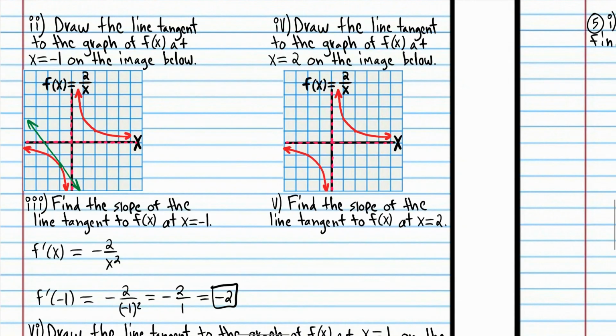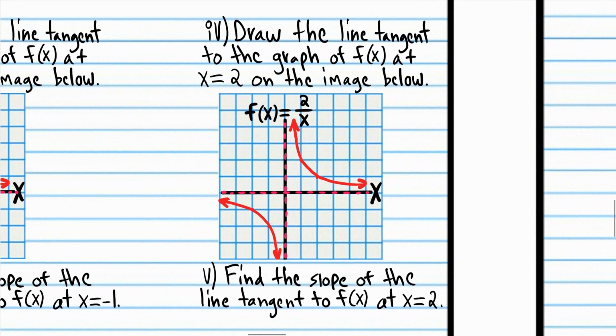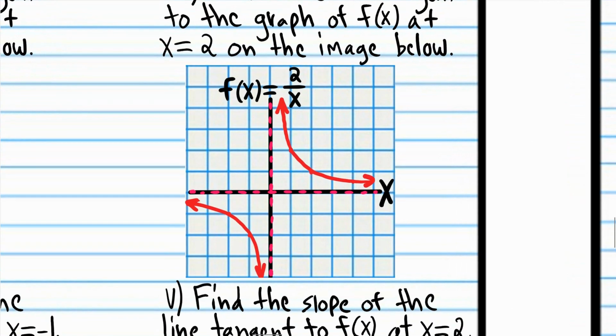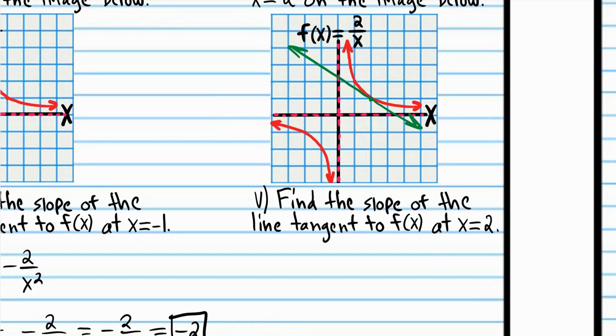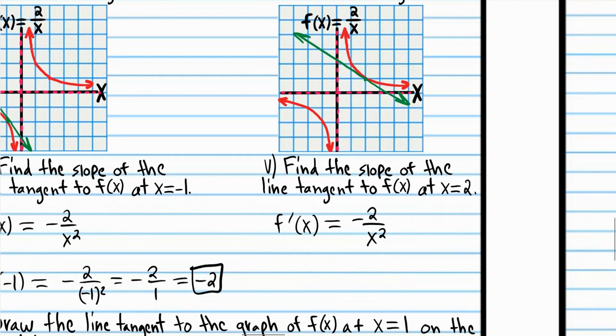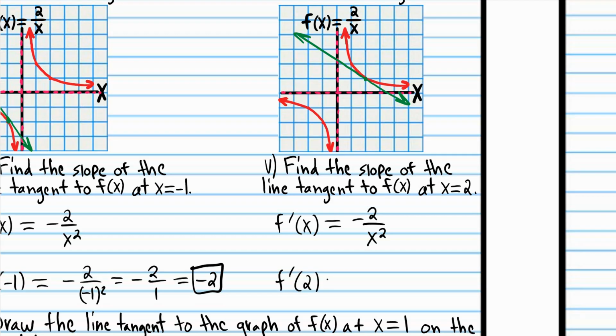So now let's draw the line tangent to the graph when x is equal to 2. So we count out 1, 2, and then find the corresponding point on the graph. This line looks like it's not going to be quite as steep as the previous one. So now we're going to find the slope of that line, which again is considered to be the instantaneous rate of change of the function, or the y values of the function, when x is equal to 2.